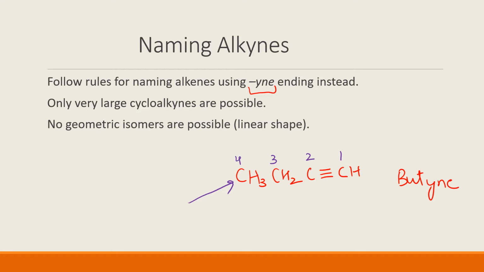The triple bond starts at position 1, so the name of this alkyne is 1-butyne. One thing should be noted: because of the linear shape of the alkyne molecule, geometric isomers such as cis and trans are not possible.